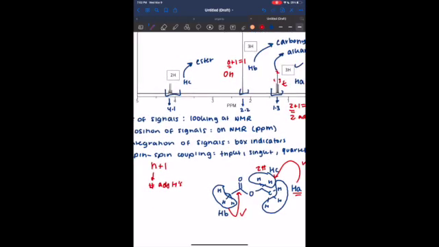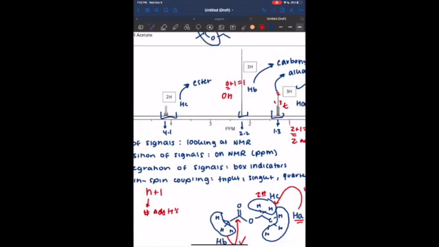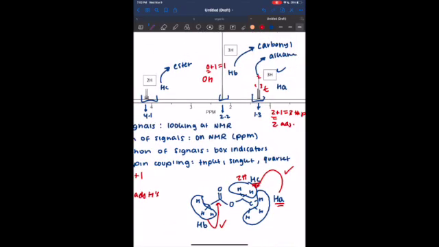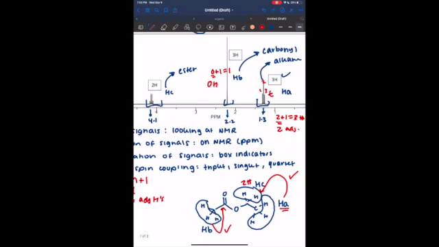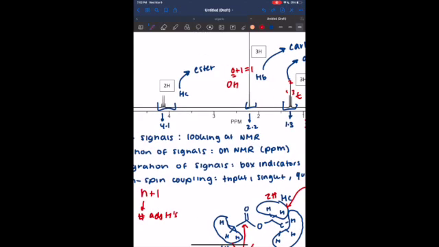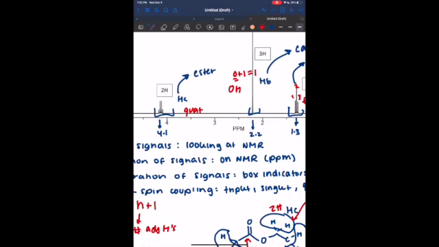Next, we're going to take a look at this HC, and this HC again corresponds to this portion right here on the molecule, and we can see that there are 4 peaks, which is called a quartet.